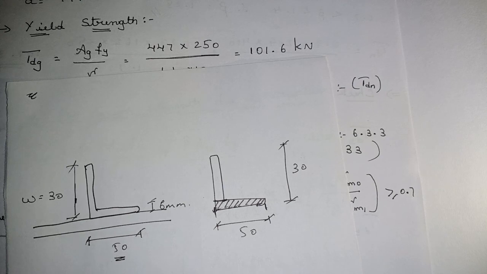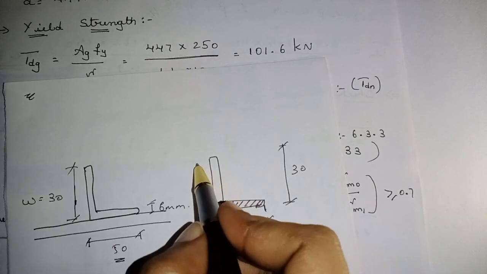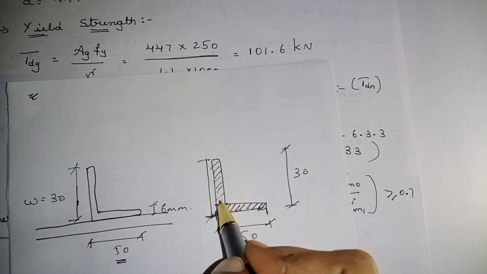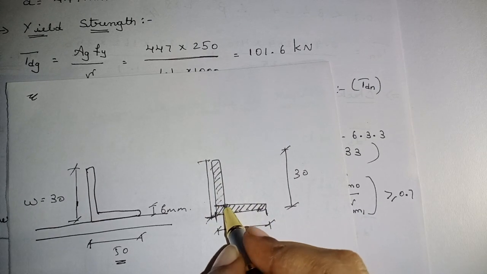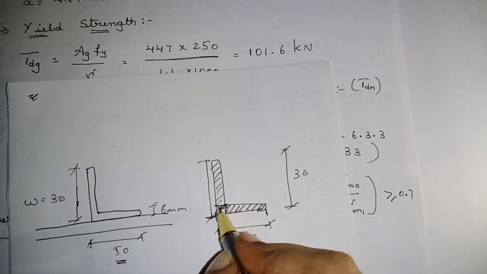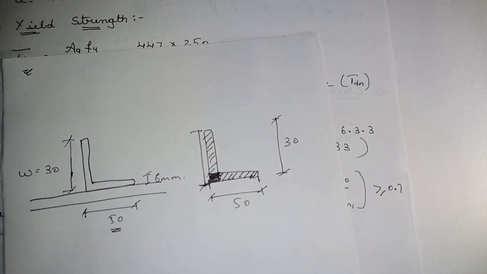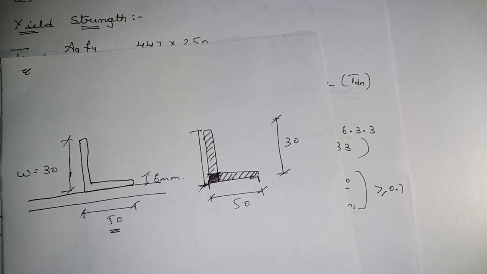But what is 30? From here till here it is overall. So that means this portion we have taken twice. Am I clear? We are taking that portion twice. We are taking it in the outstanding leg also, and in the connecting leg also.